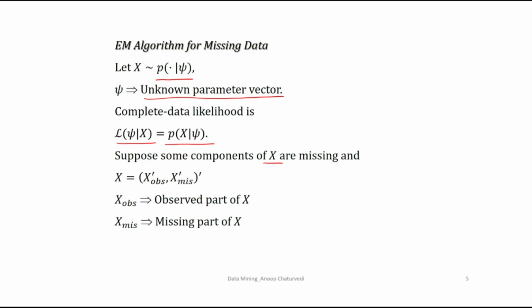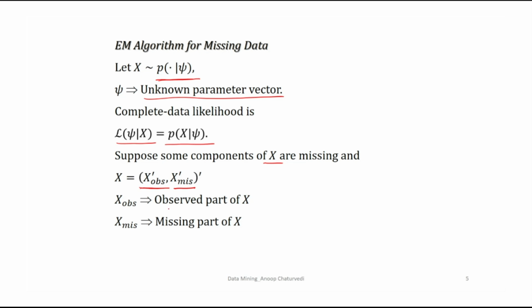So, x is the observation vector from this probability distribution P, but it has two parts or two kinds of observations. Some of the observations are known, or you have taken some of the observations which are included in this vector, and then some of the observations are missing also.